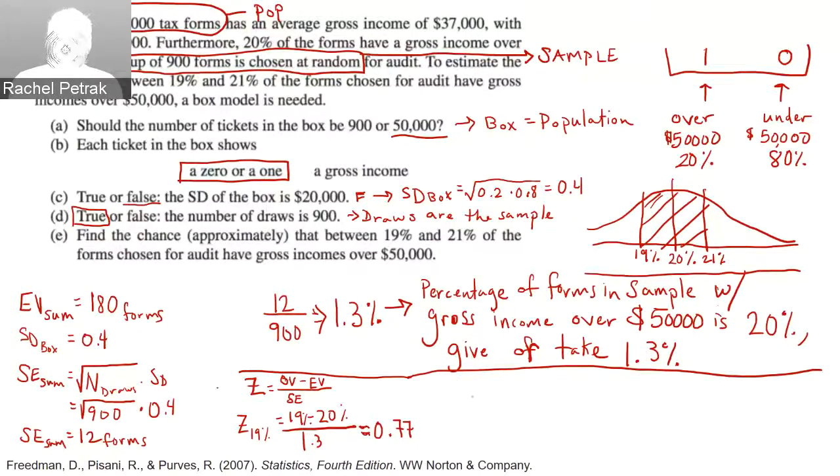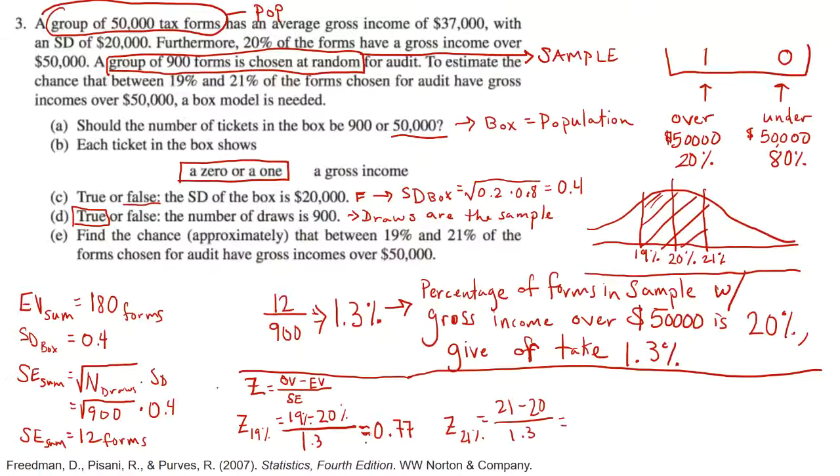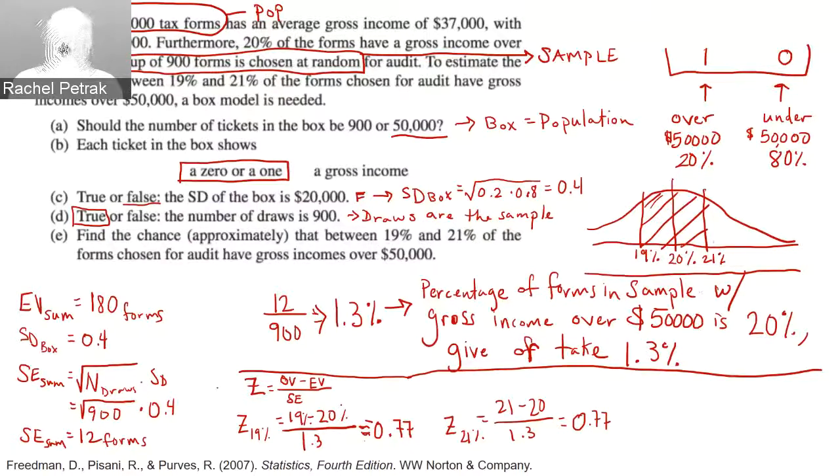If we go to the other side and we look at our z-score for 21%, this is a negative, sorry, 19 minus 20 is negative. It's just going to be the flip side of this, or 21 minus 20 over 1.3. So now we end up with a positive 0.77.